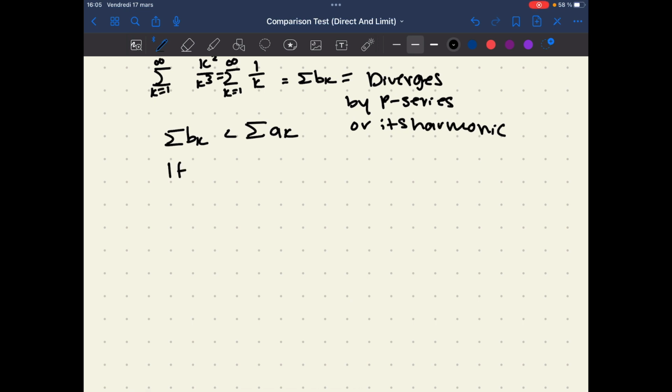If, and, then. So we can say if the series of b sub k diverges, and the series of b sub k is less than the series of a sub k, then a sub k diverges.